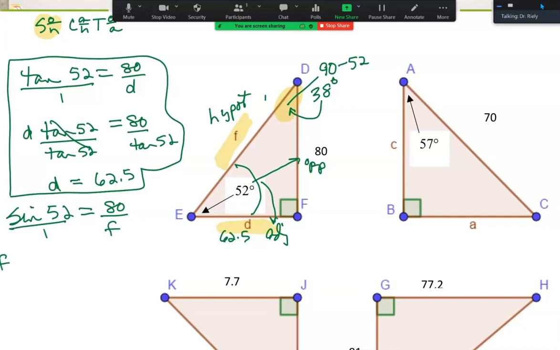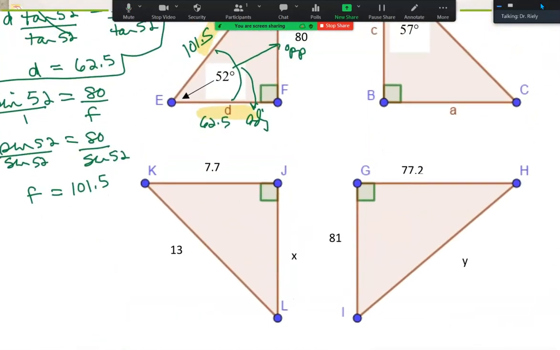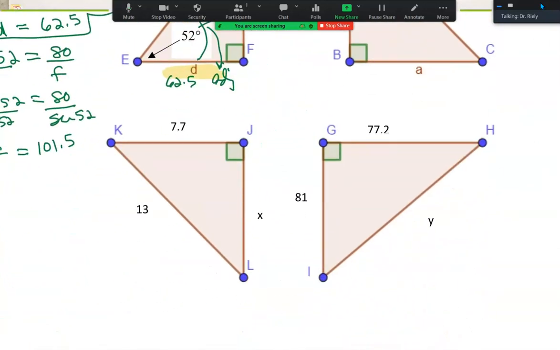Cross products tell us F times sine 52 equals 80. Divide by sine 52. F will equal 101.5. So this is 101.5, and we can add 101.5 down here. And we are done the first triangle.